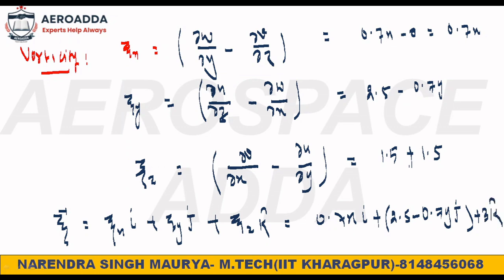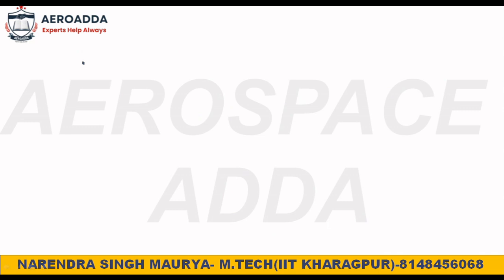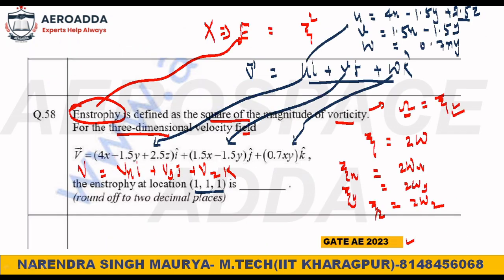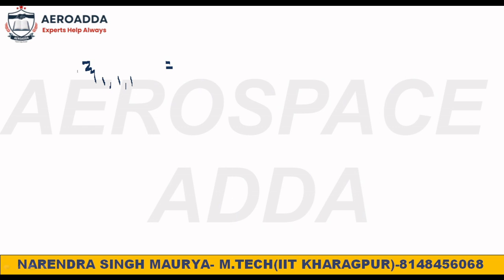This is the value. Now this xi you have to calculate for 1,1,1, because that point they have given to you. Check this point they have given, all 3 points. So if you calculate xi vector, then what you will have? 0.7x. x means 1, so it is 0.7.